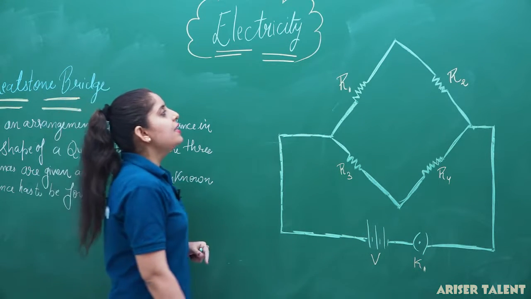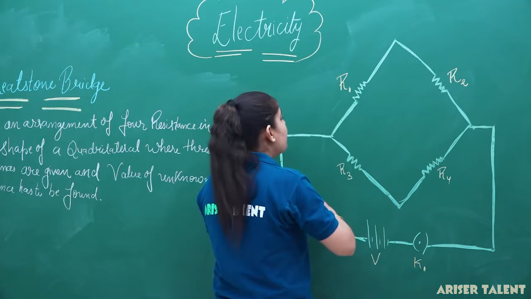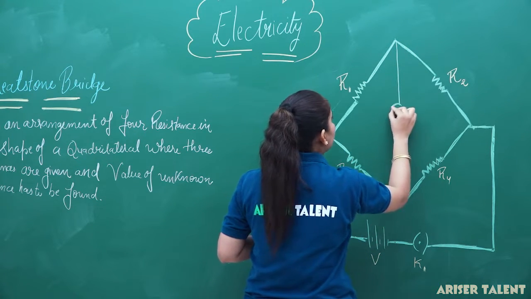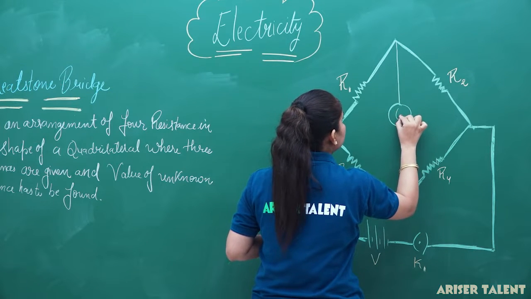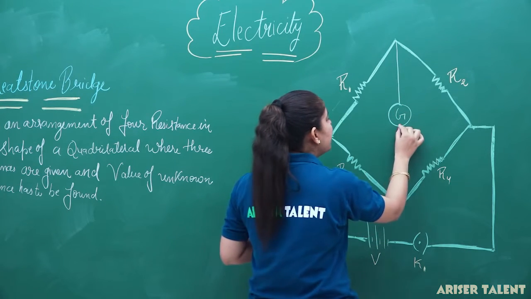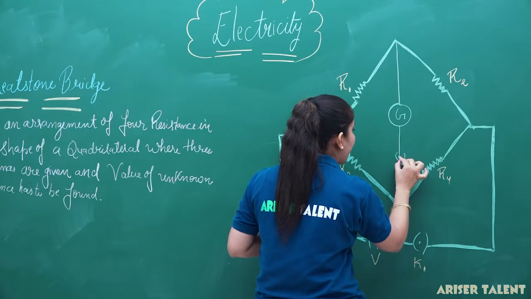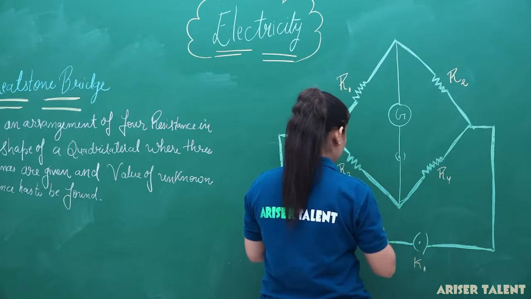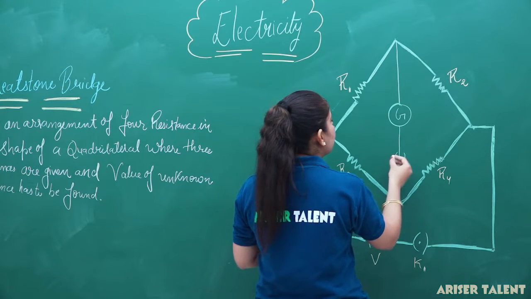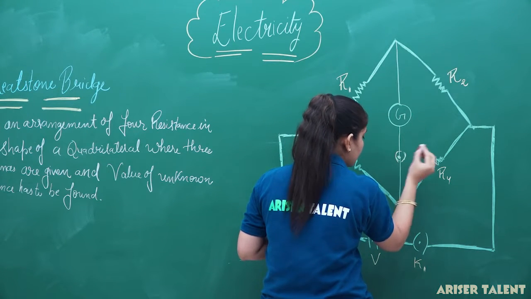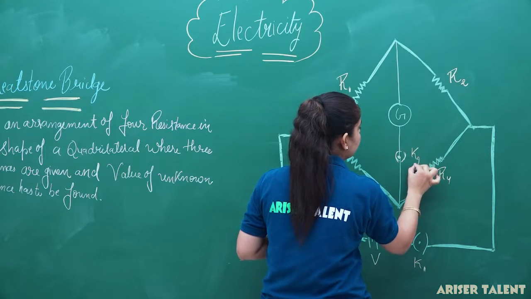Now, in this section, we have attached a key K2 and a galvanometer. This is our galvanometer, and here I am using the second key, K2.